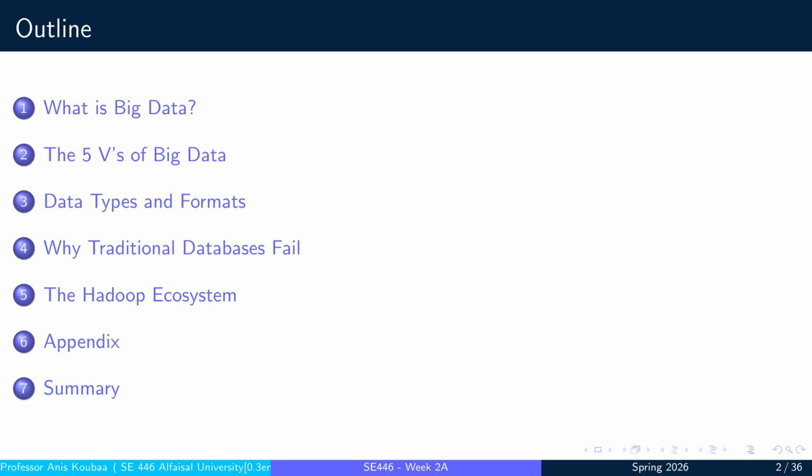Then, we will explore the challenges that arise when traditional systems try to handle such massive data sets. This will naturally lead us to the solutions that have emerged, particularly distributed computing frameworks. Finally, we will see concrete examples of big data applications across different industries to understand the real-world impact of these technologies. This outline will guide our discussion today.